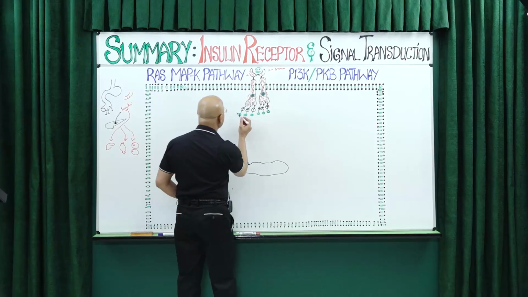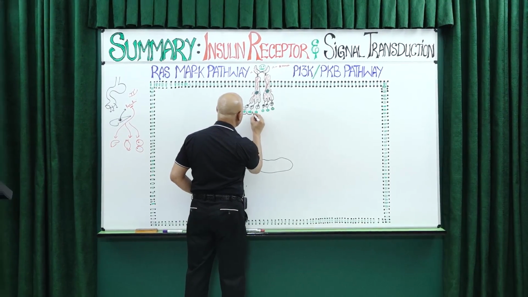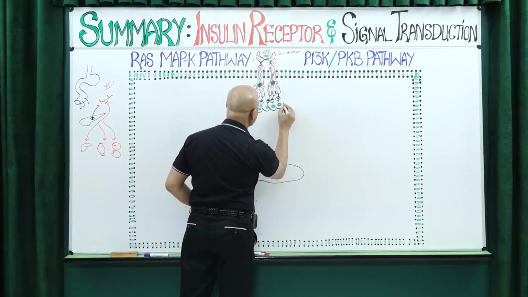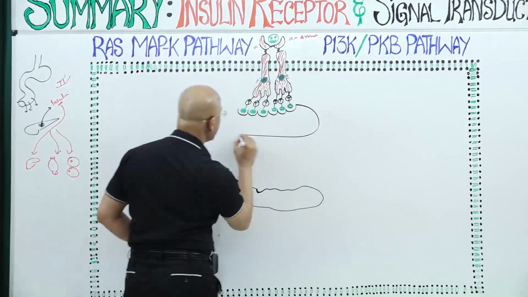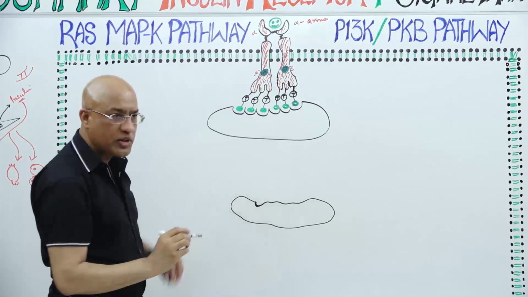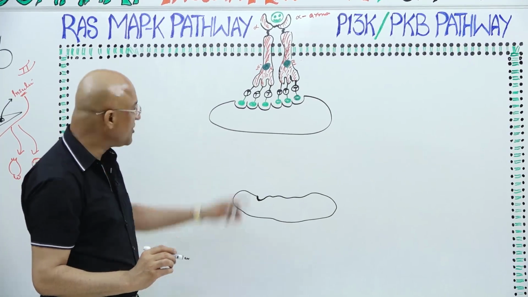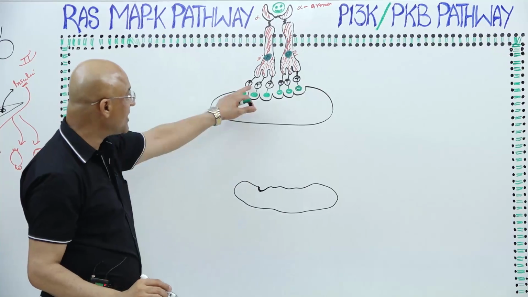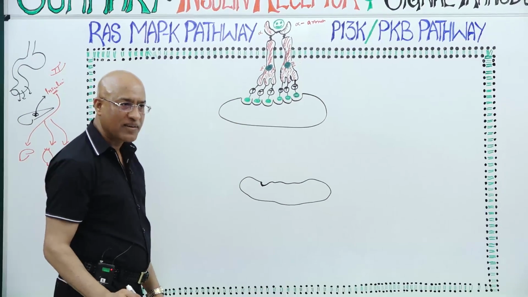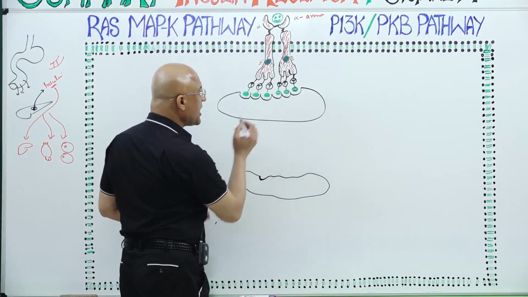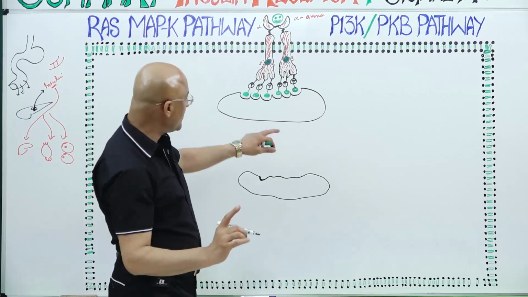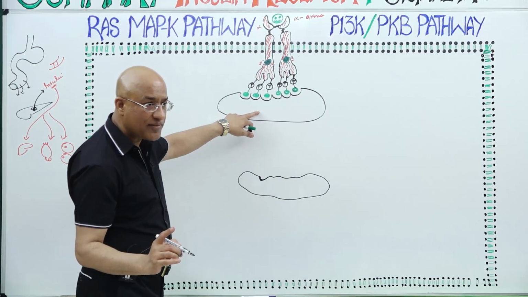And this cytosolic protein will float and stick to the phosphorylated tyrosine residues, right? This is our dancing floor. These legs are dancing over this protein. And what should be the name of this protein? It is basically a substrate.